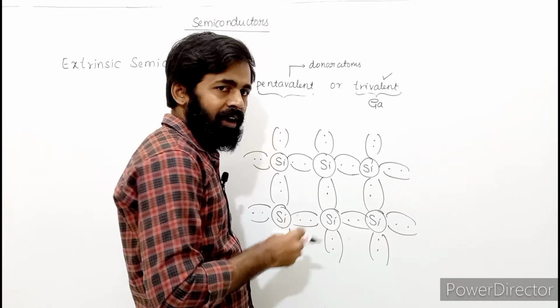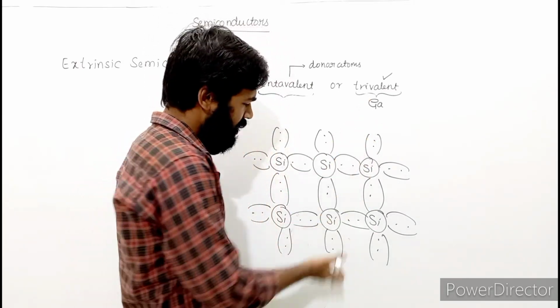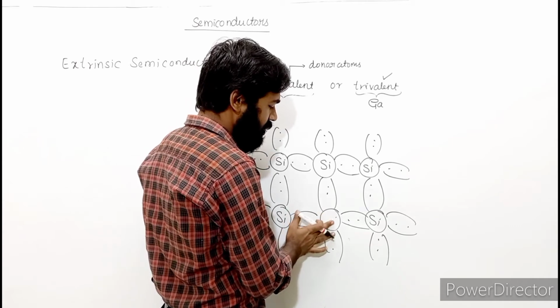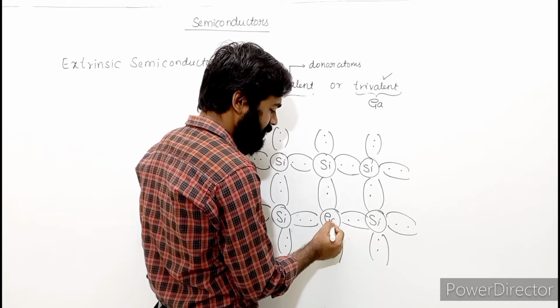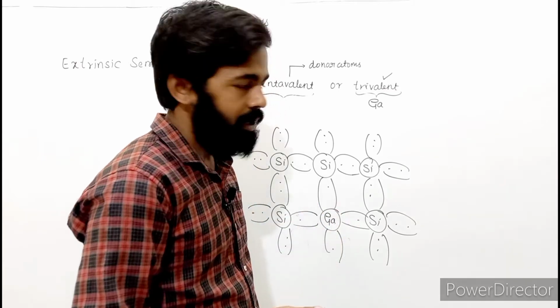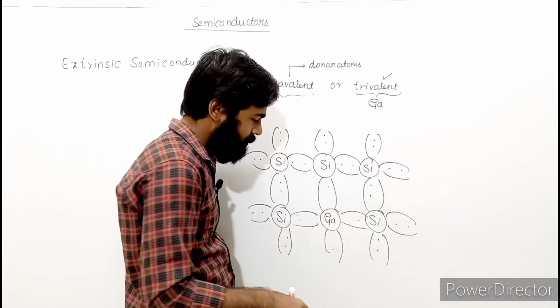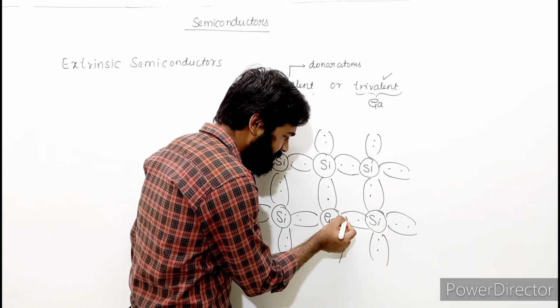Now if I add gallium to the pure silicon, one of these atoms will be replaced by gallium. Gallium has only 3 electrons, so it can share only 3. Let's say this gallium shares 3 electrons here.